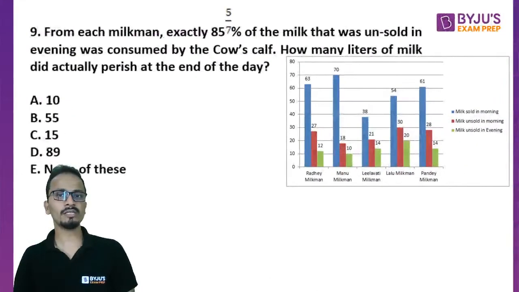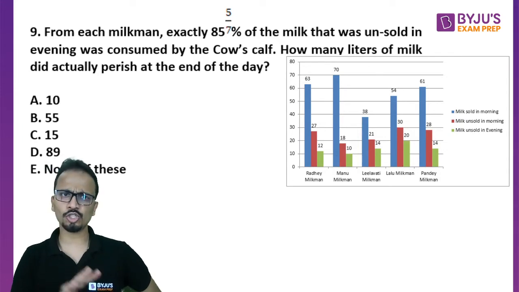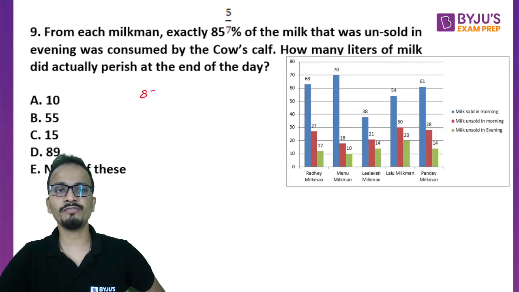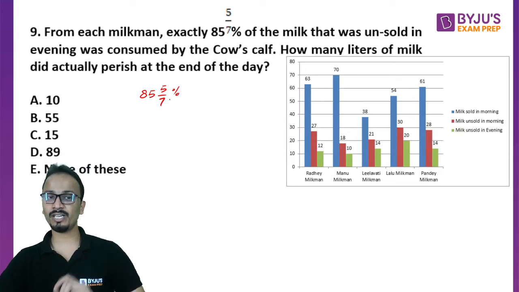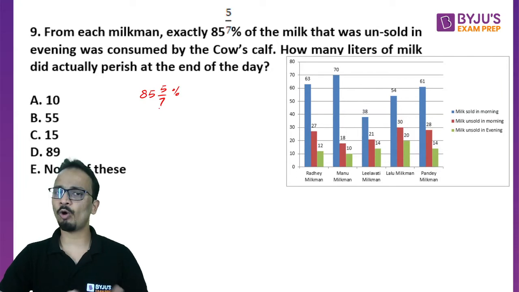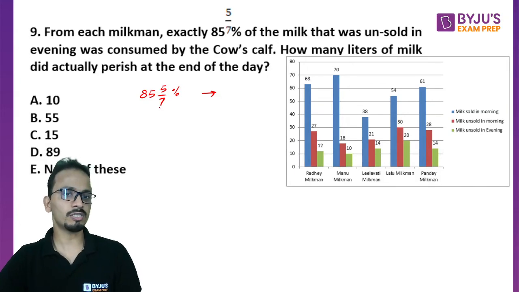Moving on to the next one, question number 9. Now for each milkman, reading slowly and carefully, exactly 85 5 by 7 percentage. Now first of all, let's deal with this. 85 5 by 7 percentage, if I want to convert it into a fraction. One way is, this is a mixed fraction, isko simplify kar lo. 85 into 7, kitna hoga?